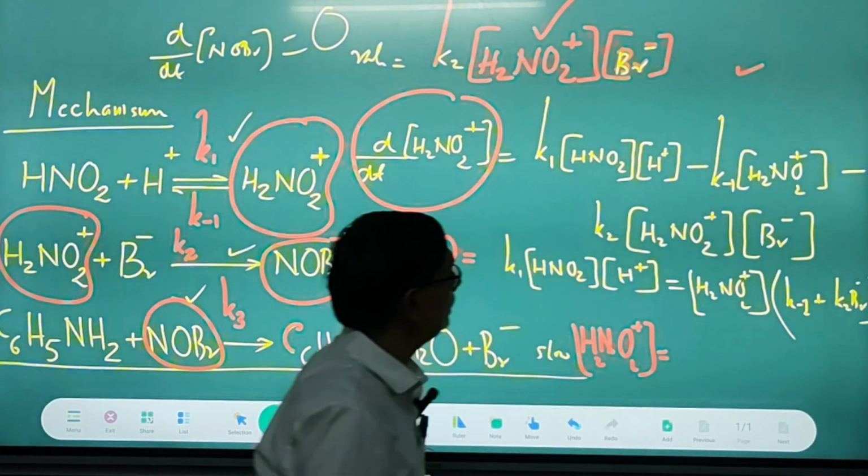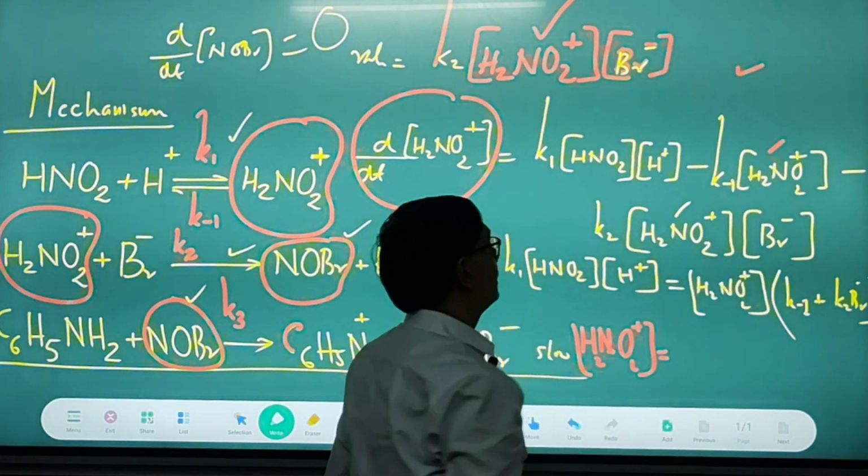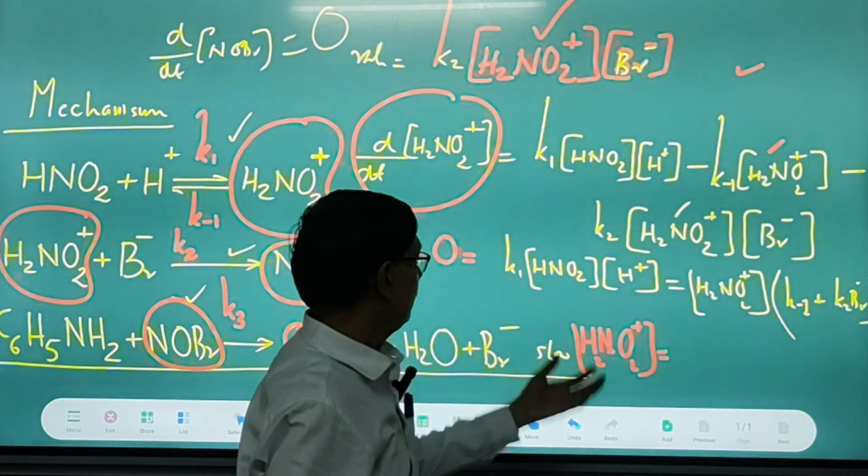Or if you understand, you can directly write it, because this part can be eliminated and you can apply it in the denominator part.